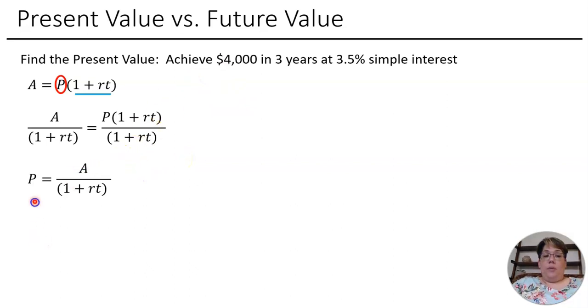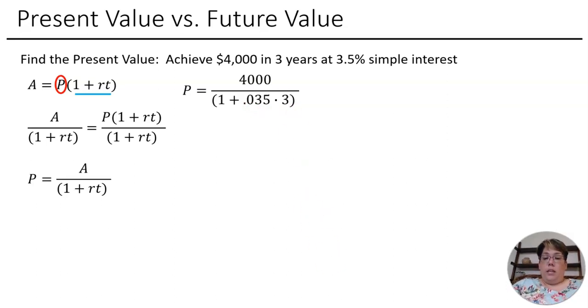If I'm looking for present value, this is what I'm going to plug my numbers into. So I'm going to say how much to achieve, that's my future value, $4,000, and then 1 plus RT, so 1 plus 0.035 times 3.